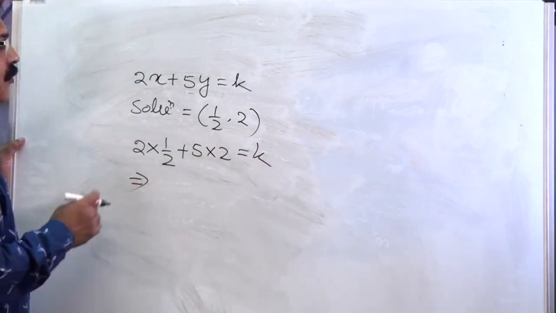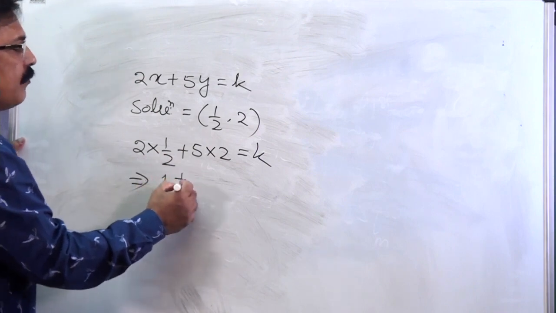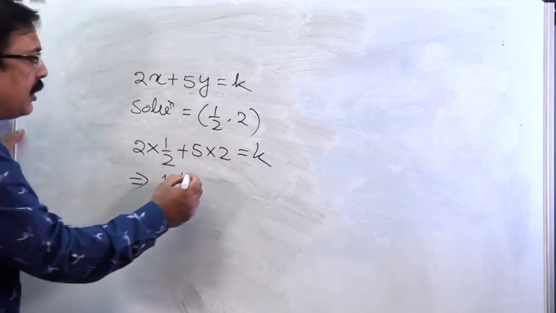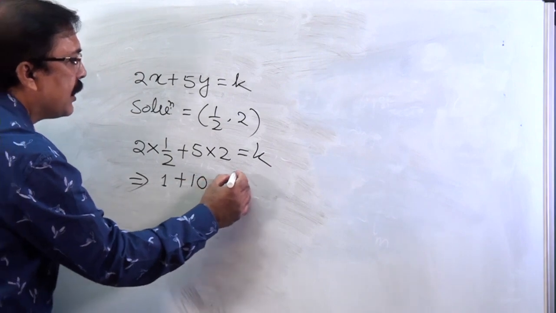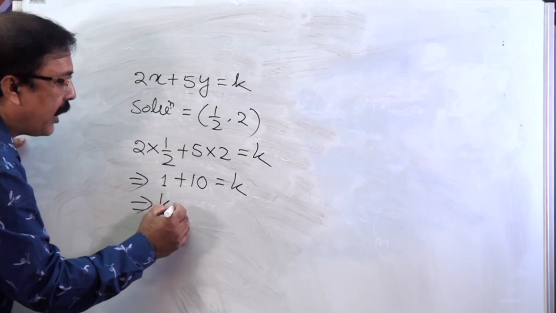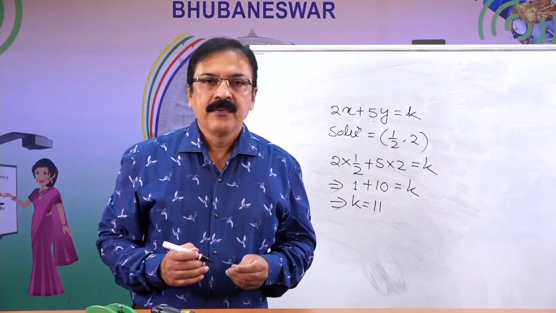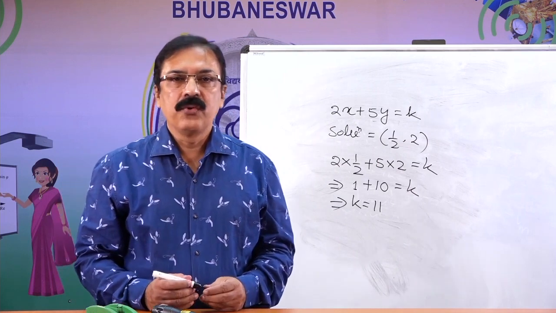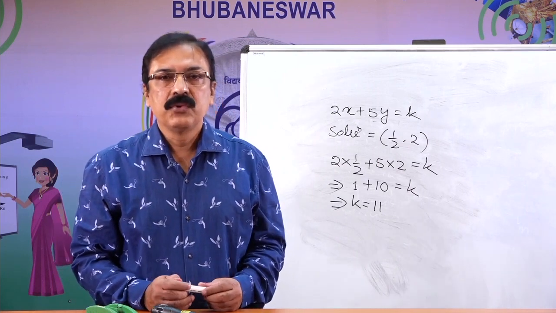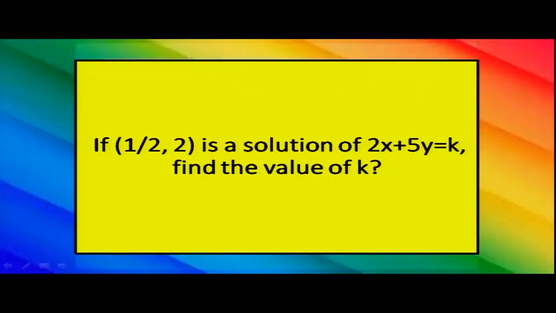From this we get 2 by 2 cancelled, that is 1, plus 5 into 2, here it is 10, that is k. This gives the value of k as 11. That means if 1 by 2, 2 is a solution of 2x plus 5y is equal to k, then the value of k is 11.